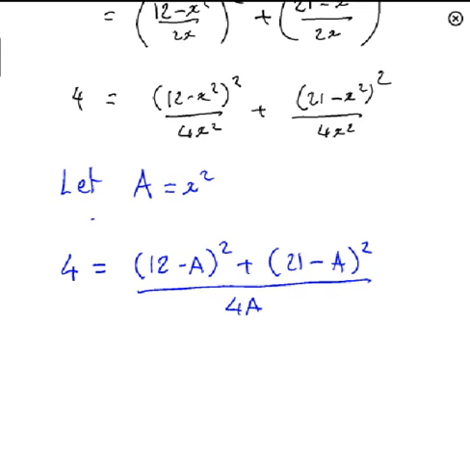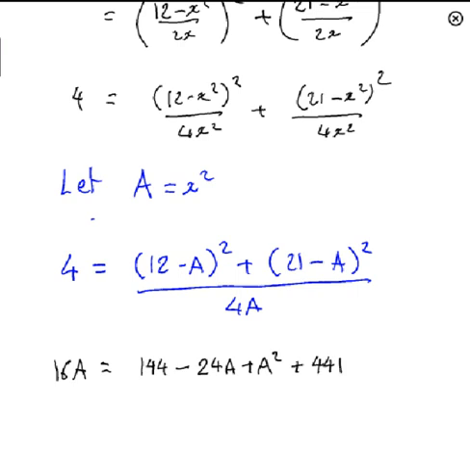Rearrange and expand. 4 times 4a is 16, so clearing the denominator gives us... Right, so we expand (12 minus a) squared, well, that's 144 minus 24a, 2 times 12 times a, plus a squared, plus 21 squared is 441.